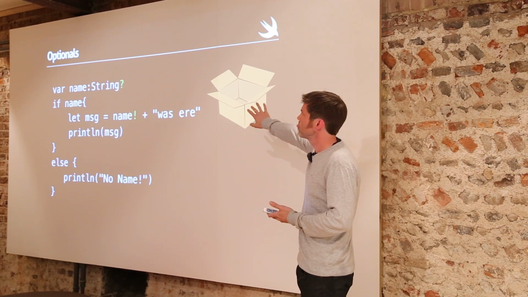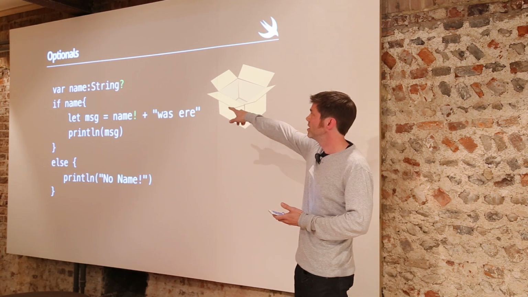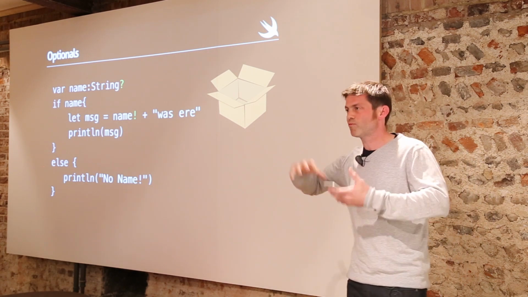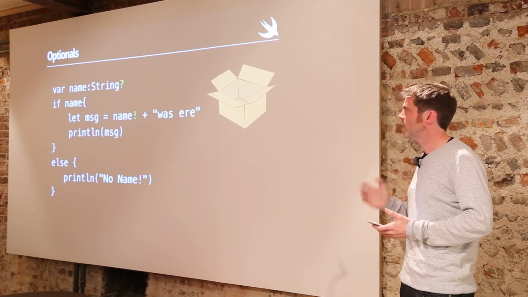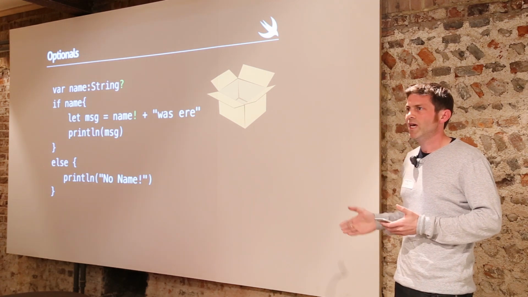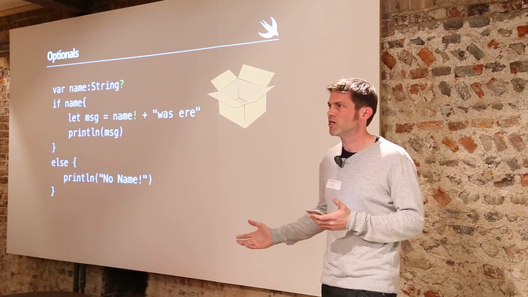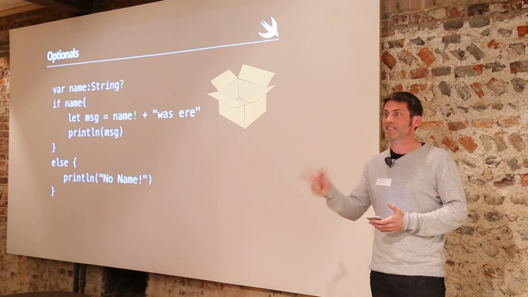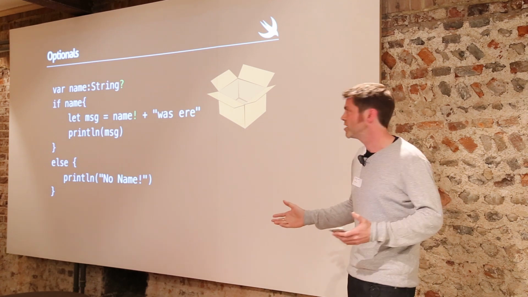The question mark signifies that name is either going to be a string or it's going to be empty. So it's wrapping either a string or nothing, and that's how we deal with nil. There's no more NSNotFound, is this integer equal to -1, therefore it didn't exist. It's super simple: it either has its value that it's strictly typed to, or it's empty.